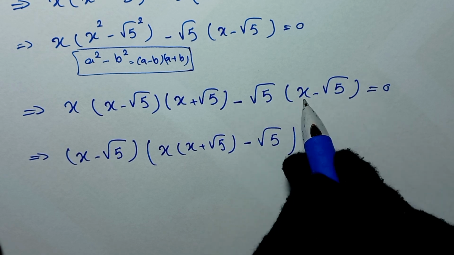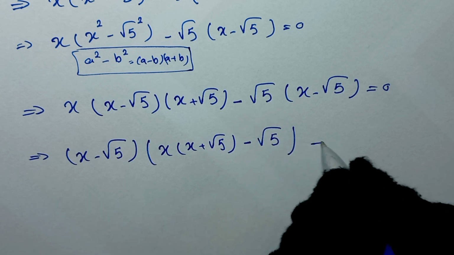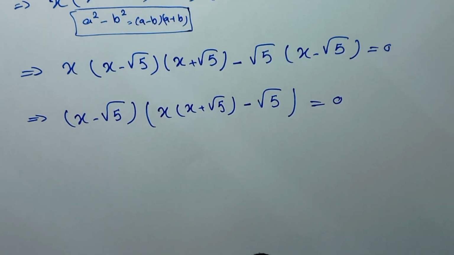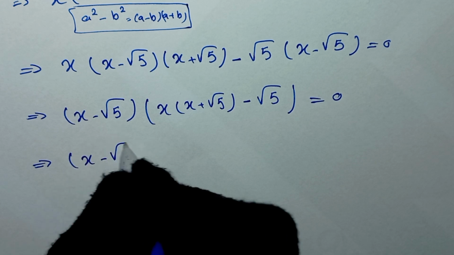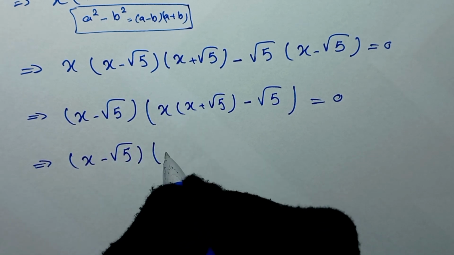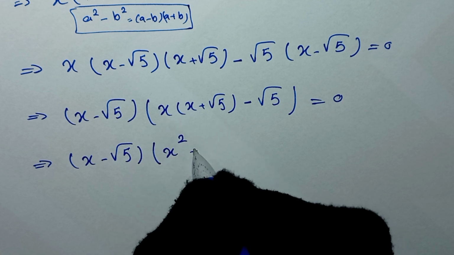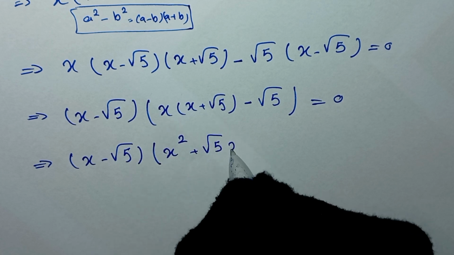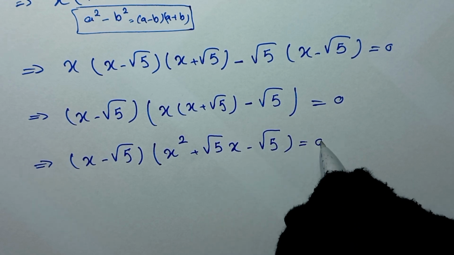This part divided by this, it will be square root of 5 is equal to 0. And it will be x minus square root of 5, and times x times x is x squared, and x times square root of 5 is square root of 5x, and minus square root of 5 is equal to 0.